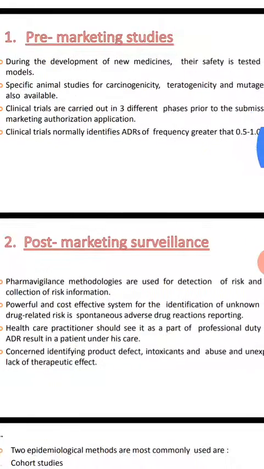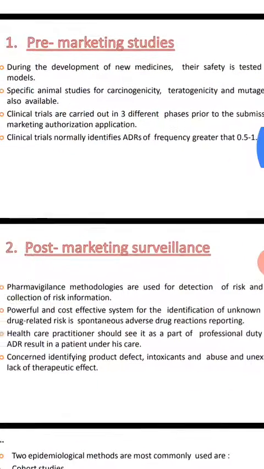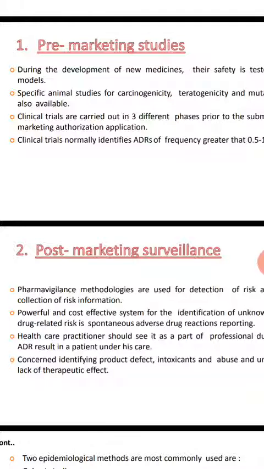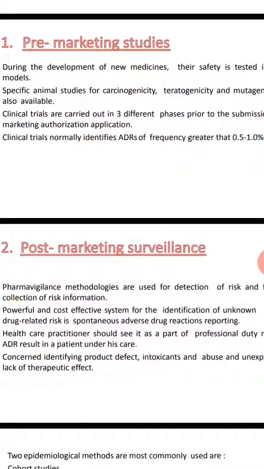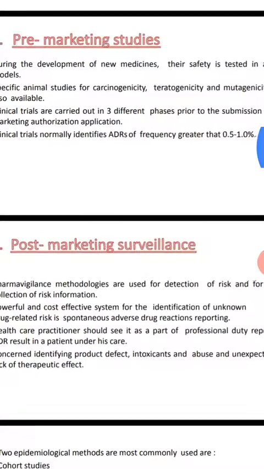You also identify the ADR of the drug during clinical trials carried out in three phases: phase 1, phase 2 and phase 3. These clinical trials normally identify ADRs of frequency greater than 0.5 to 1%.